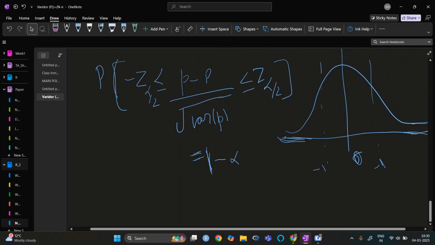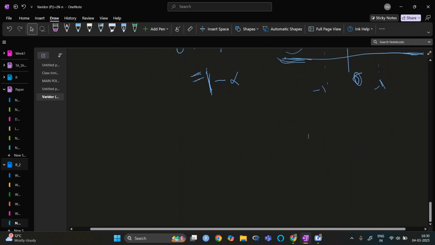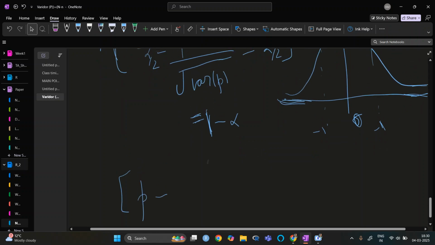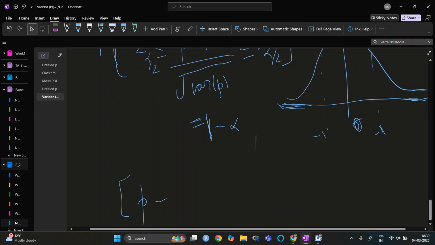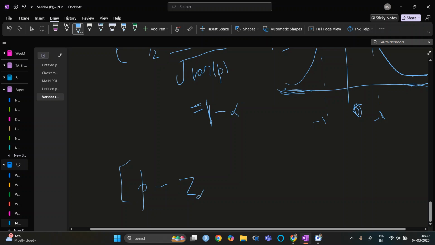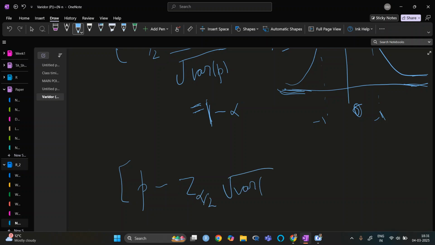Now to find the confidence interval, all we need to do is, we will just multiply this variance over this. So it will be p minus z alpha by 2 under root of variance of p to p plus z alpha by 2 under root of variance of p.